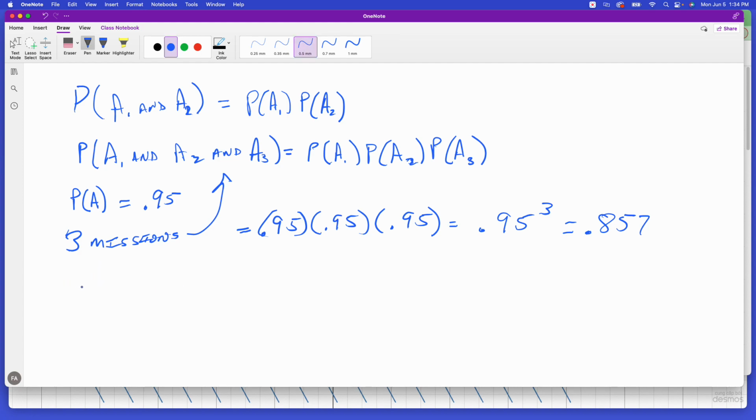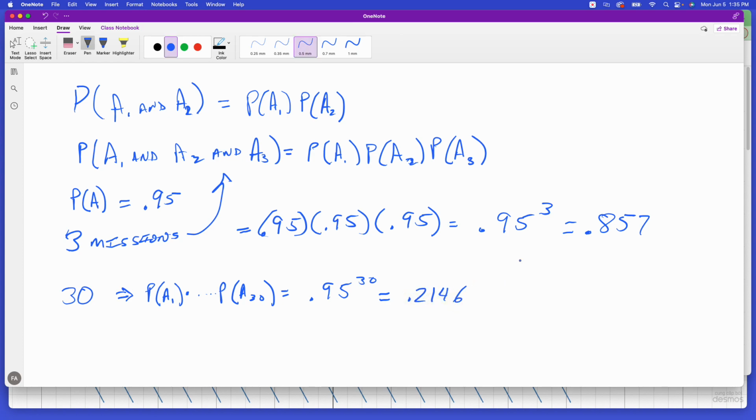So what if you talk about the average number of missions, which was 30? Well, then that would work out to be P of A sub 1 all the way to P of A sub 30. So you're talking about 0.95 to the 30th power, because you're going to multiply 0.95 times itself 30 times. And in this instance, it works out to be 0.2146.